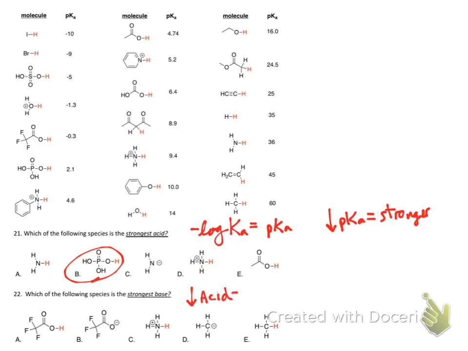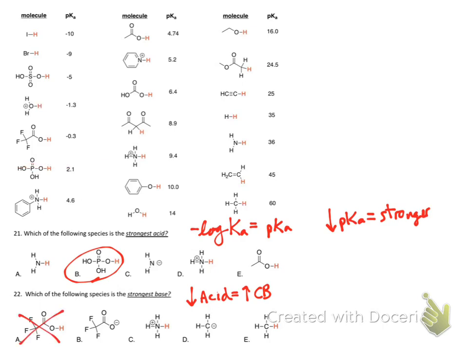And recall, for any conjugate acid base pair, the weaker the acid, the stronger the conjugate base. The first one we're going to eliminate just because it is not in fact a base at all. We can see it's actually a pretty strong acid. So I'm just going to eliminate that choice.